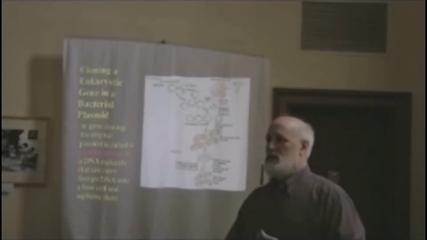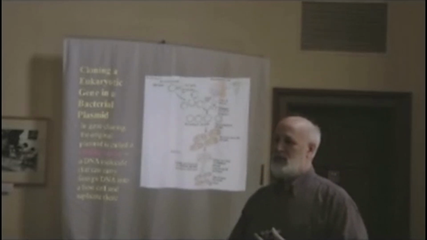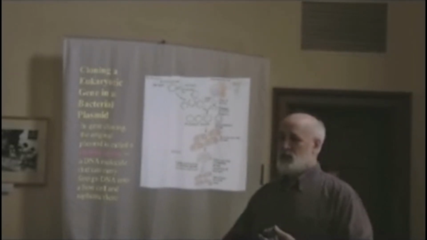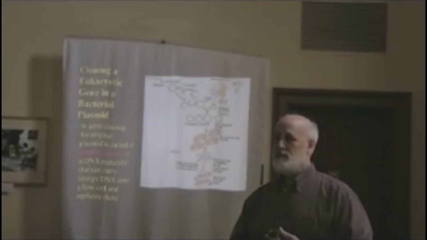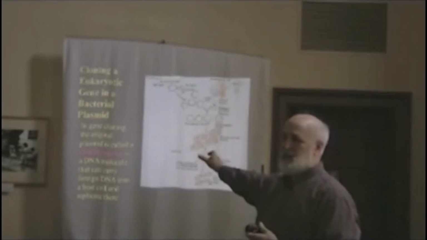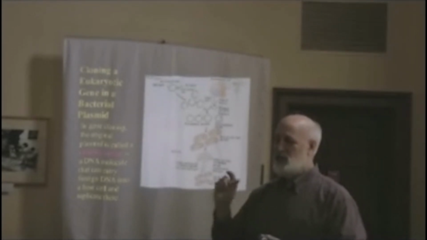And you can see the ones that do not grow where there's ampicillin. They're going to have a plasmid in it. And if they cannot utilize lactose, then you know that they've been cut in the middle of that lac gene. You can also then make a probe that will specifically identify that particular gene, because you already know some of the sequence of it, and we'll see how they make a probe in just a bit.